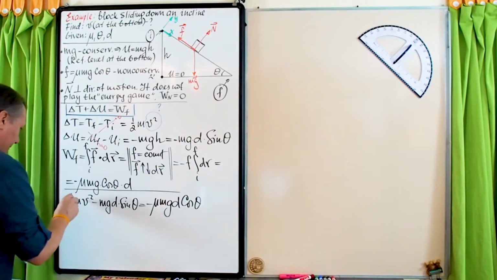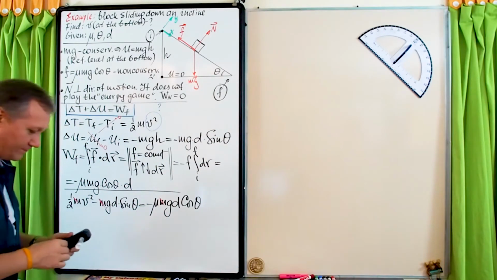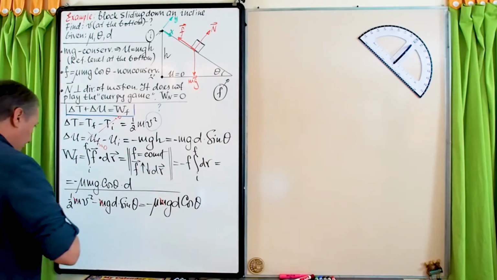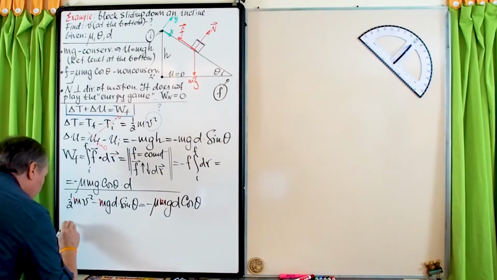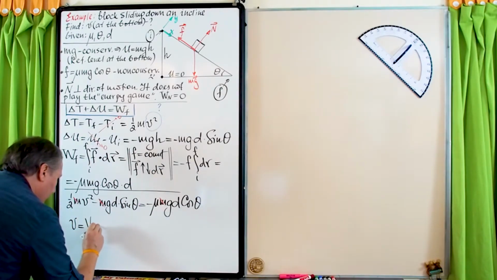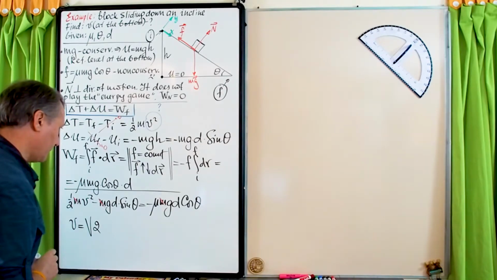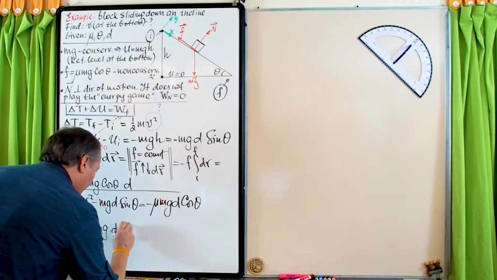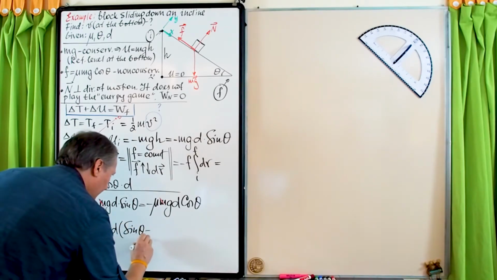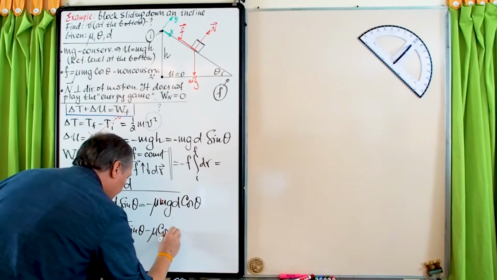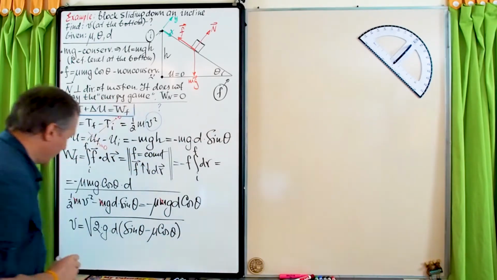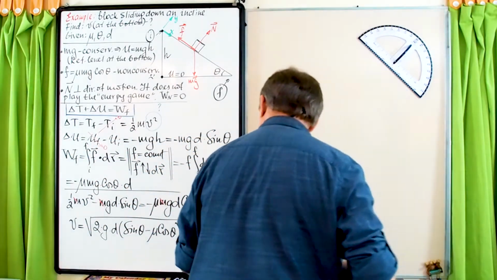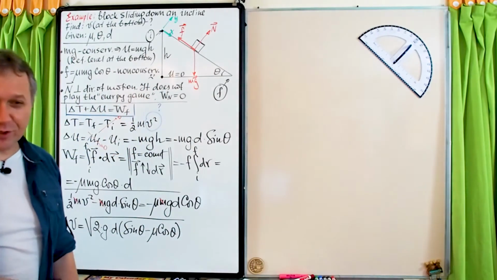Mass goes. g and d can be factored out. I will move that to the other side, so v equals square root of 2 g d times sine theta minus mu cosine theta. So that seems to be the answer. Let me check. It looks correct. Yeah, but it's better to check it.